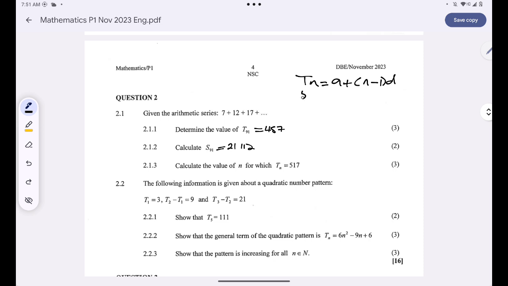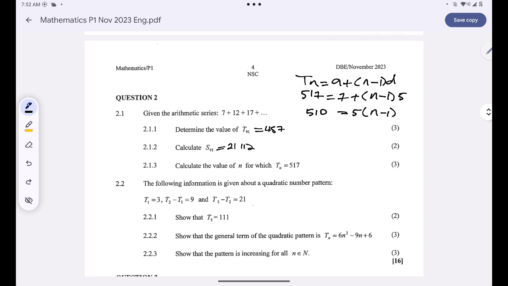Right now, I know the term, but I don't know its position. So whenever I find n, it will give me the position of the term in the sequence. The value of a is 7. I don't know n, and I know that the difference is 5. When I take the 7 to the other side, I'll simply have 510 is equal to 5 times n minus 1.